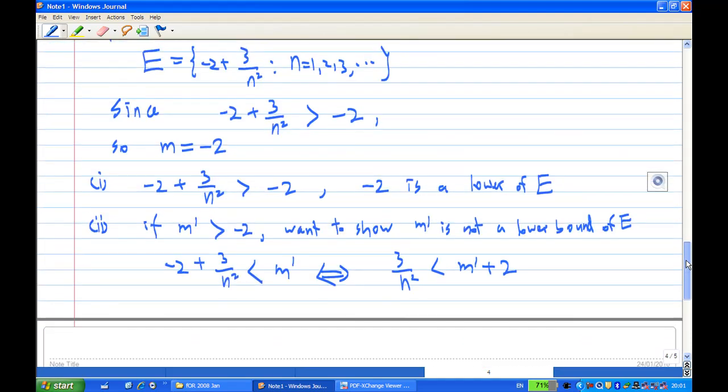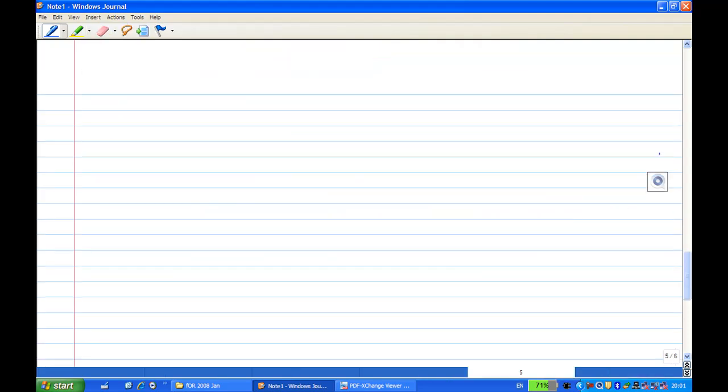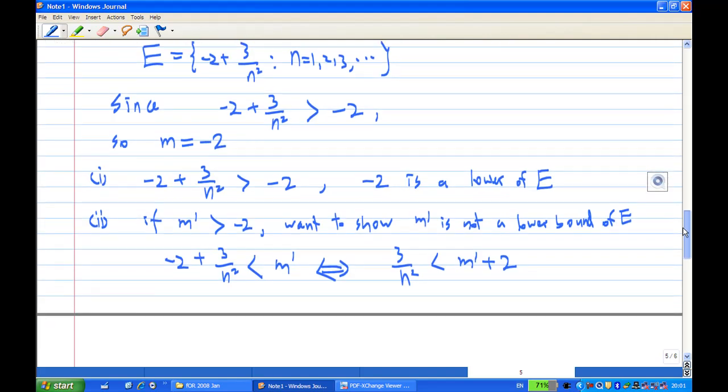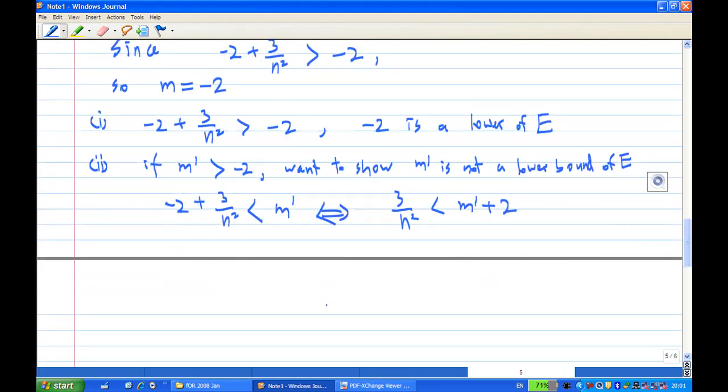So both sides are positive: 3 over n squared is positive, and m prime plus 2 is positive as m prime is greater than -2.